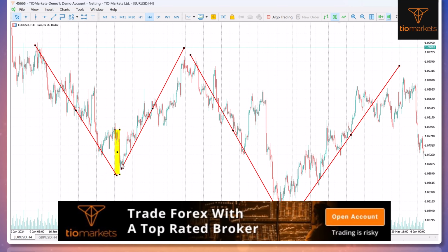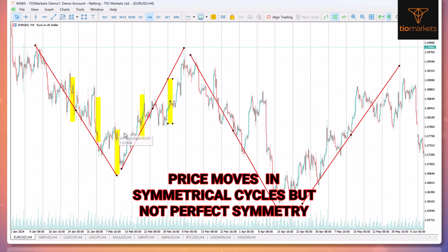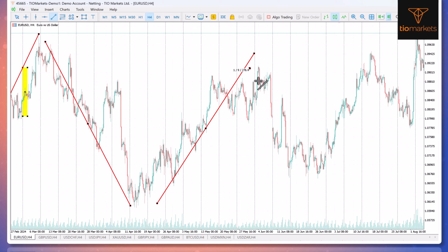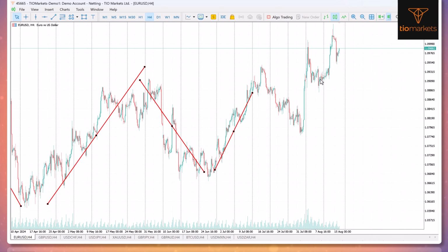The move that is going to happen on the other side is more or less the same as the move that happened on the previous cycle. So we can conclude that price moves in cycles, or mirror cycles, that you can clearly identify on your chart. As I'm drawing here, you can see that we have this mirror of this move, and after this we are having these mirror images.